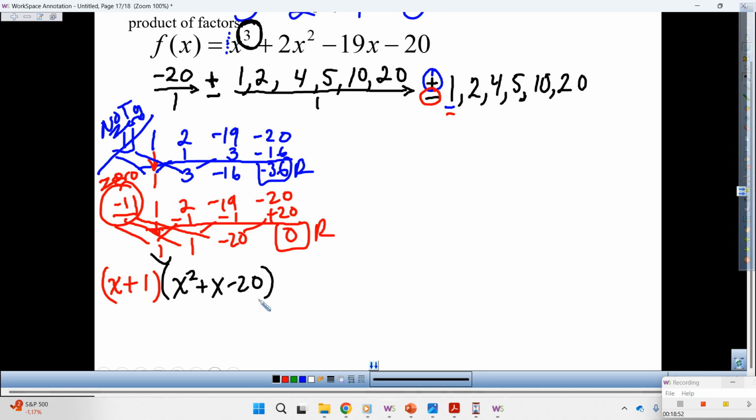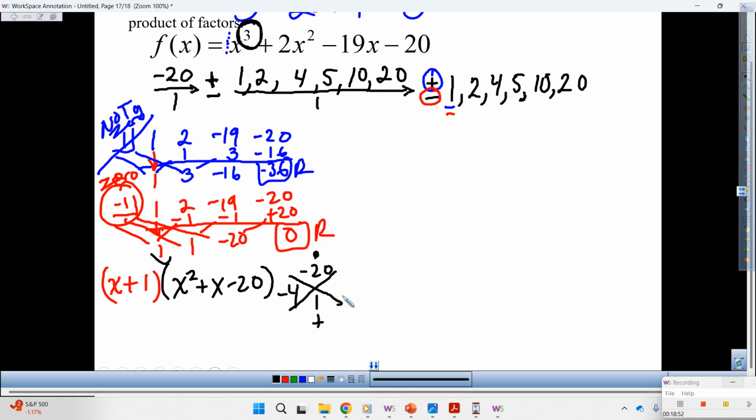Are we there so far? Next, does your brain want to do something with this in order to factor? Tell your neighbor what your brain wants to do with that to factor that. Very good. Negative 20. And this is a 1. Tell your neighbor what two factors give you negative 20 when you multiply and give us positive 1 when you add them. Factors are, Caesar?